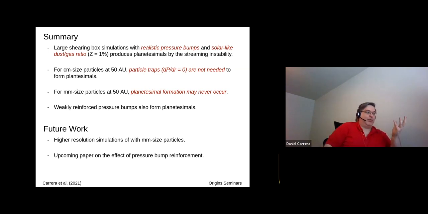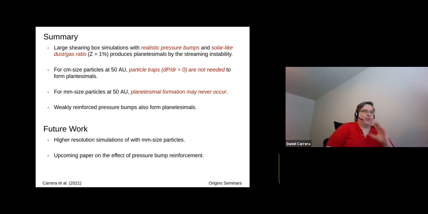And furthermore, the bump doesn't even need to be very large. In particular, we do not need a particle trap for planetesimals to form. For millimeter-sized particles, we don't have good news. It's looking difficult, and the best answer I can give you is that it may not be possible for planetesimals to form for that size particle.